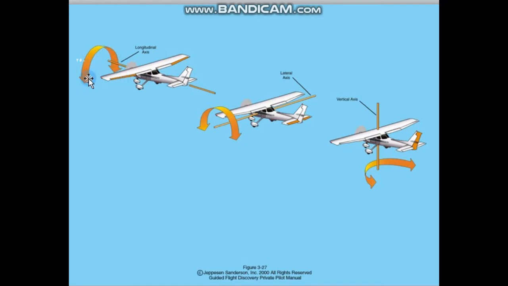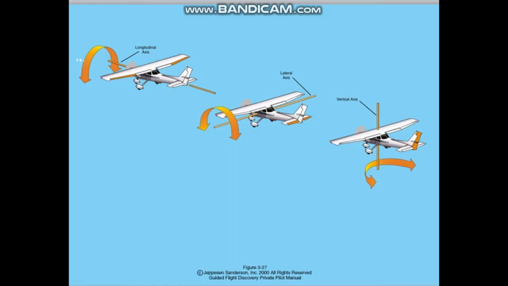Who will make the rolling for the airplane? The aileron. As we studied before, when the ailerons move, one goes down and the other goes up to make the rolling. So the rolling is around the longitudinal axis, and the aileron makes it.